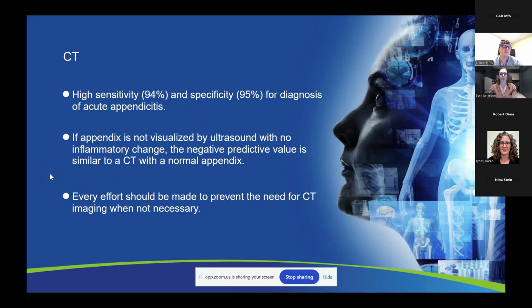CT has a high sensitivity and specificity for diagnosing appendicitis, but if the appendix is not visualized, as we mentioned, with no inflammatory change, then the negative predictive value is similar to that of a CT with a normal appendix. And every effort should be made to prevent the need for CT when not necessary.